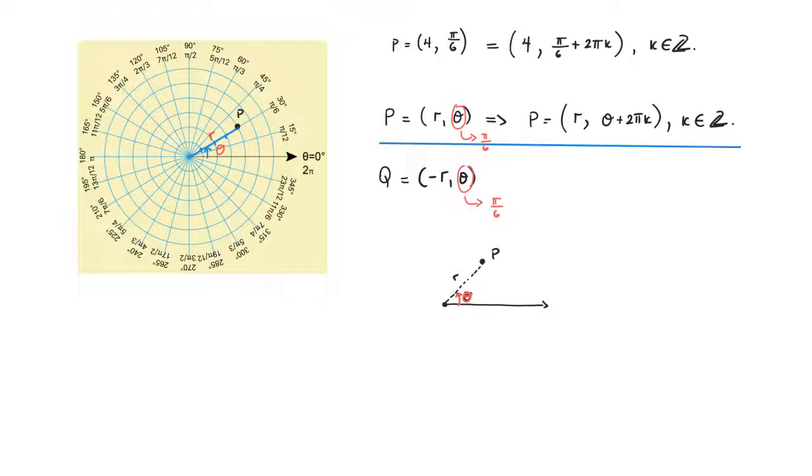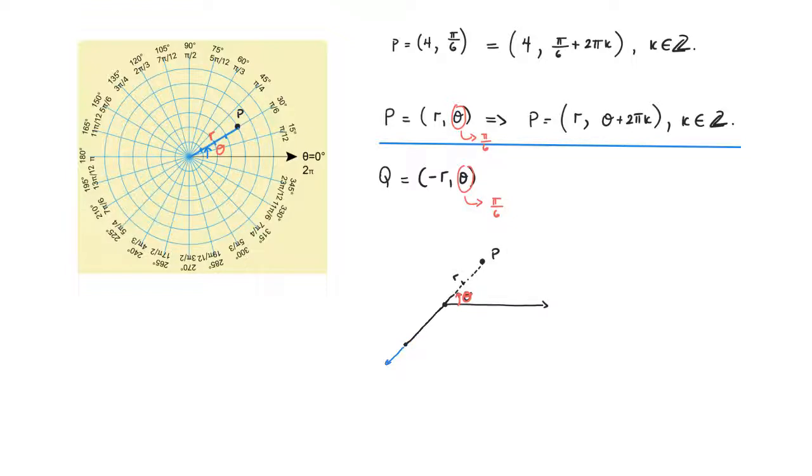So please imagine that you extend this ray in a straight manner like this. And now what you're going to do is measure r units. So if this is r, you're going to measure r in the opposite direction. That looks about right.